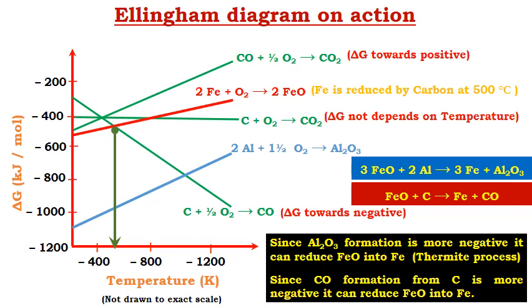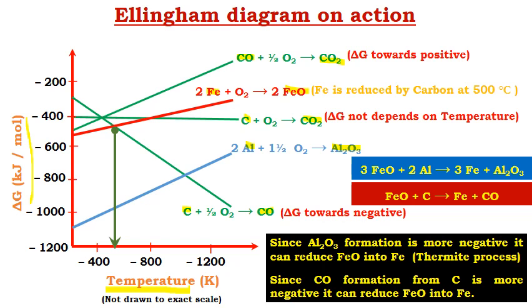Now let us see the Ellingham diagram in action. As usual, the plot is between delta G versus temperature. Here I have taken 5 examples: formation of carbon dioxide from carbon monoxide, formation of iron oxide from iron, formation of carbon dioxide from carbon, formation of aluminum oxide from aluminium, and formation of carbon monoxide from carbon.